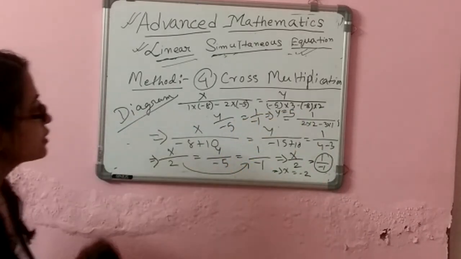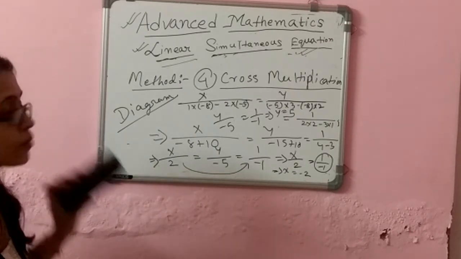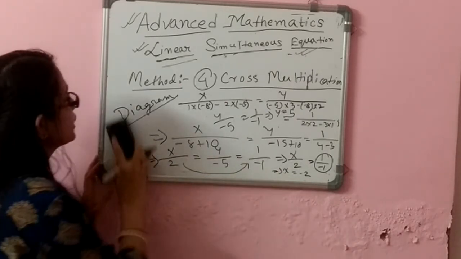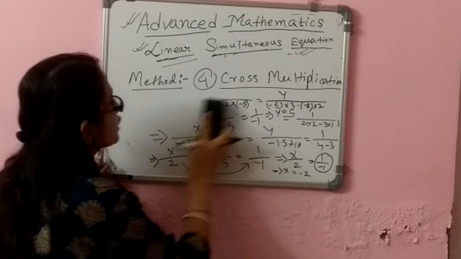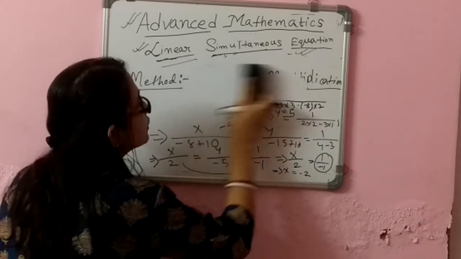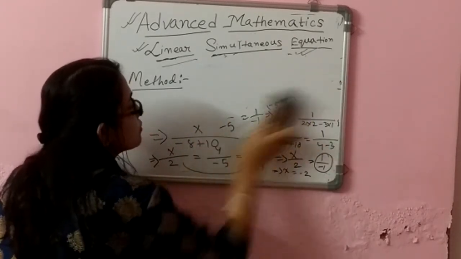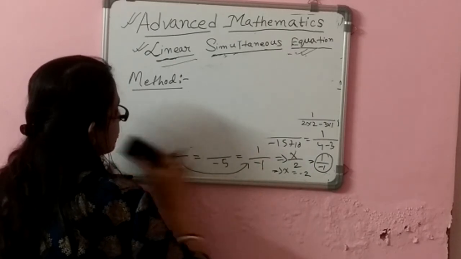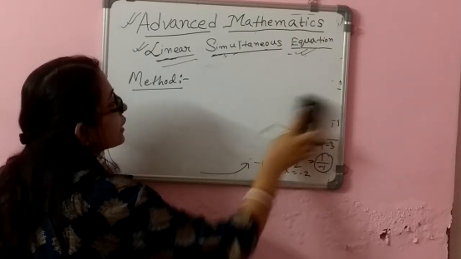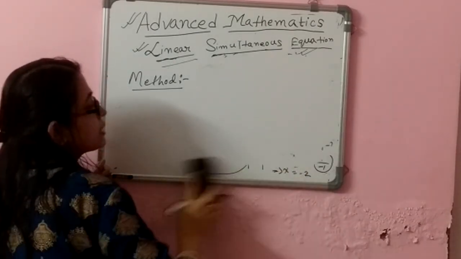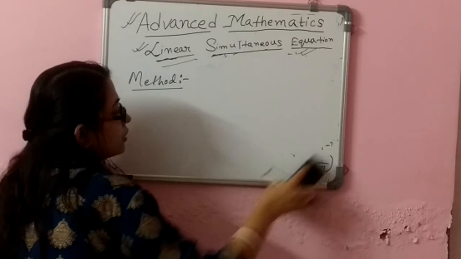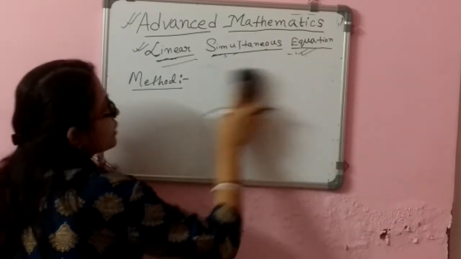So in this way, we will get the value after applying the cross multiplication method. So guys, that is all for today's discussion regarding the chapter linear simultaneous equation. Let me summarize what I have told.